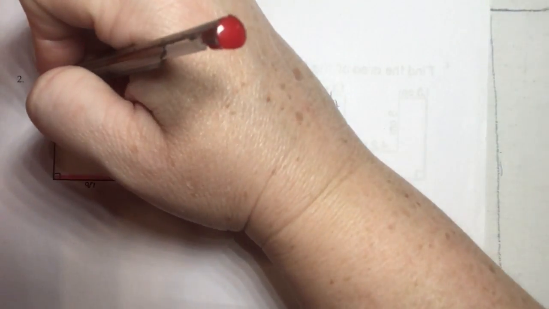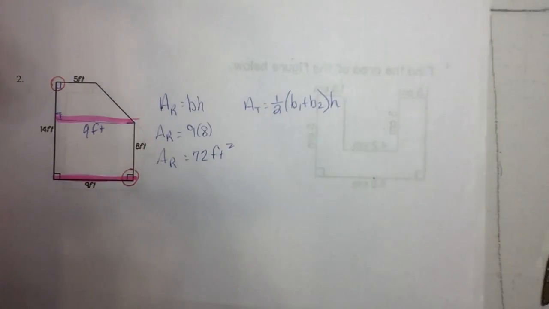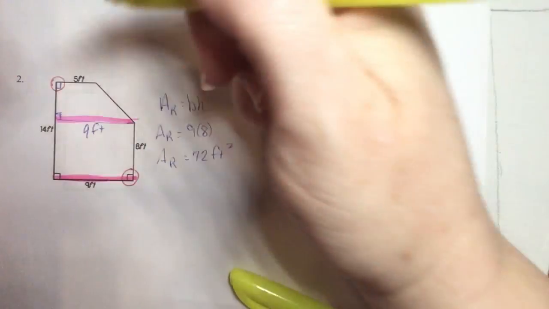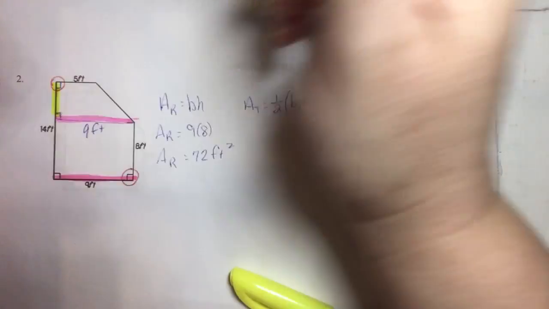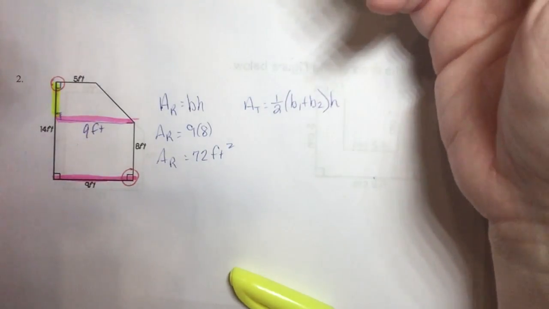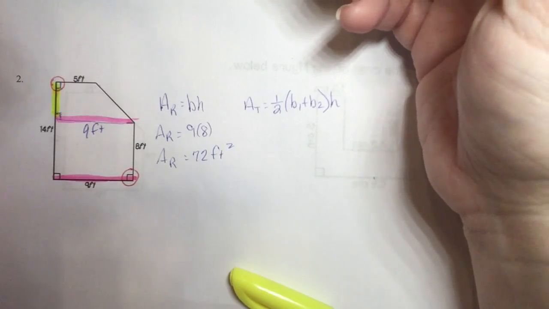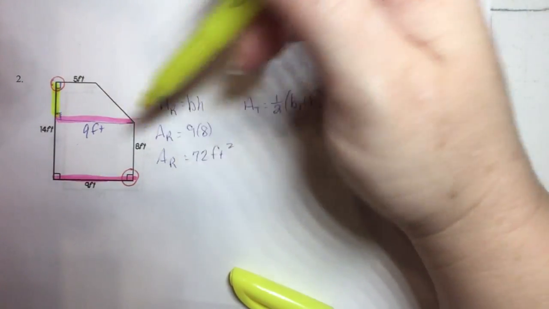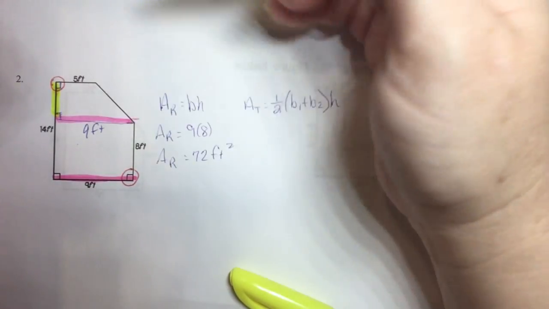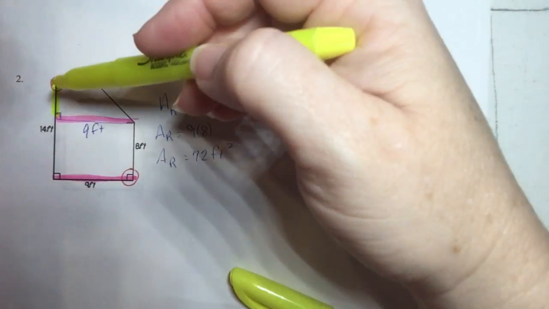So I need to figure out what this distance is from here to here. So I have to look at the shape to see what on the shape can help me figure that out. Well, I can't look straight across because that's a diagonal, so I know that's not going to be the same length. Not to mention it doesn't have a dimension.